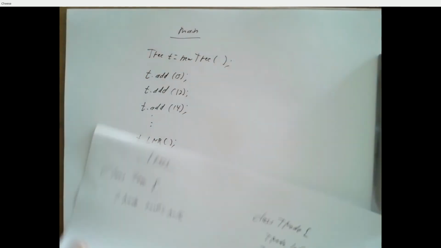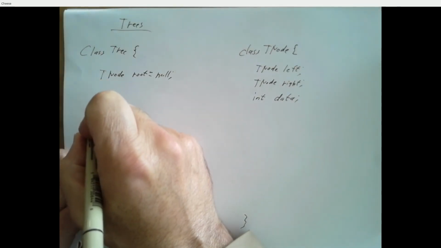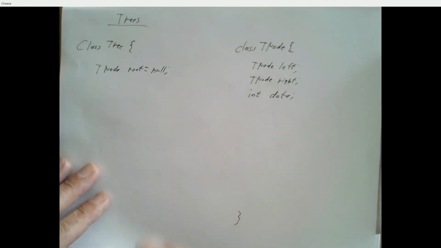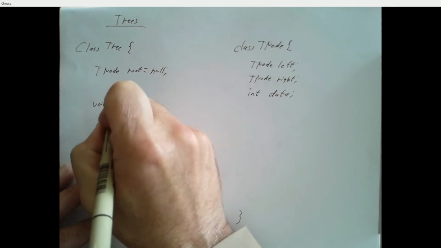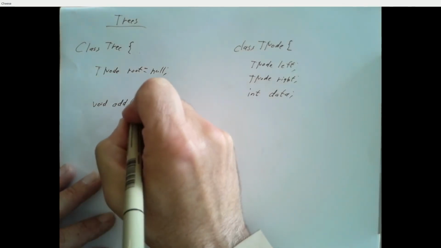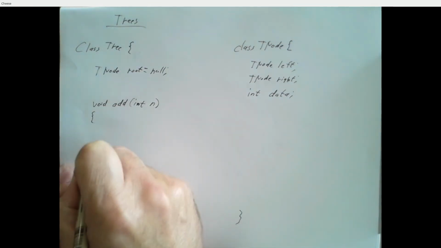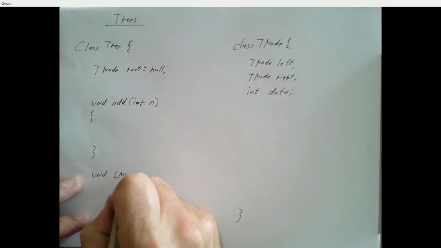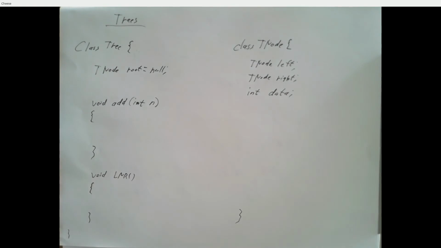So our tree class is going to want an add method, and it's going to want a traverse method, and so on. So what might our add method look like? Void add integer, and maybe void left node right does some sort of traversal, and there could be other stuff in there as well.